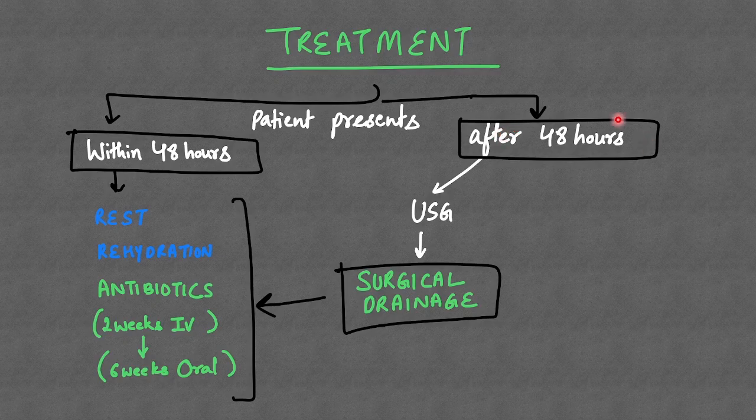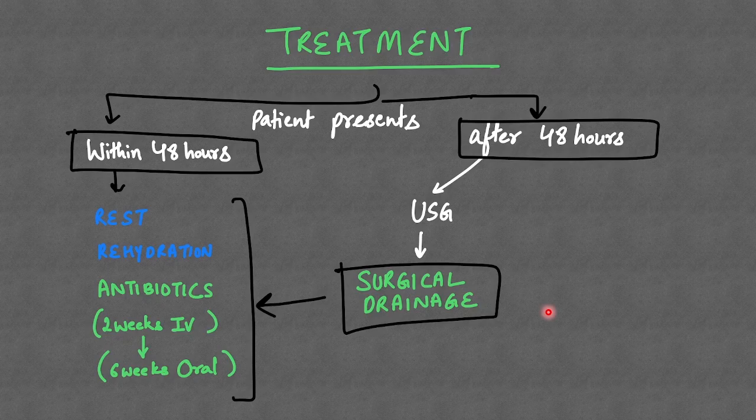If the patient presents after 48 hours, then a USG is mandatory, and we should look for development of an abscess in the intramuscular plane as well as the bone, and surgical drainage is important in these patients. It is a rule, if there is pus, you have to let it out. Now, the pus can be drained by just an incision if it is present just inside the intermuscular plane or between the muscles.